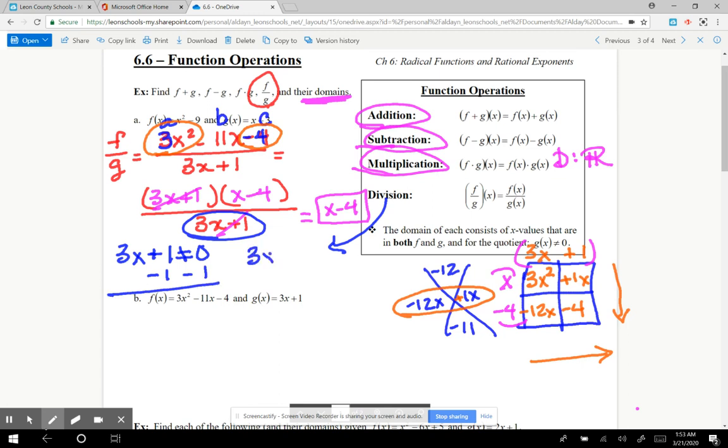So you have 3x cannot be equal to negative 1. Divide by 3. X cannot be equal to negative 1/3. So for division, the domain is all real numbers except negative 1/3.